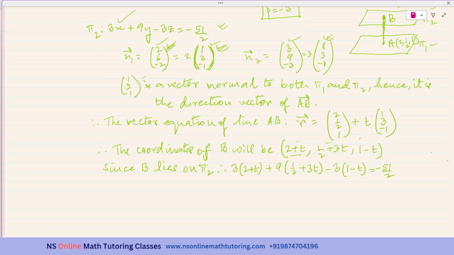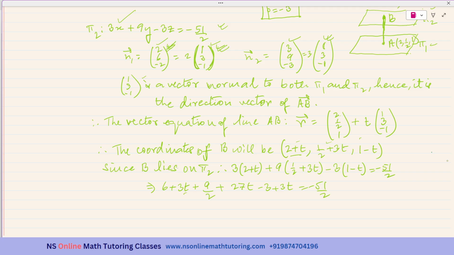So, I'm expanding: 3 times 2 is 6 plus 3t, plus 9 over 2, 9 over 2 is 4.5, let me keep it as 9/2, plus 27t minus 3 plus 3t equal to negative 51/2.